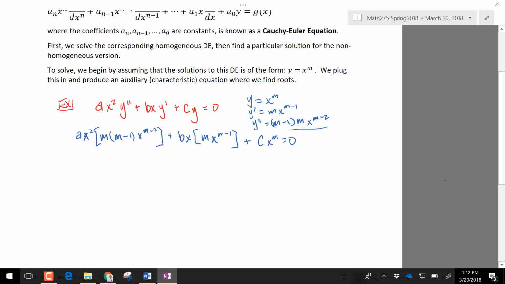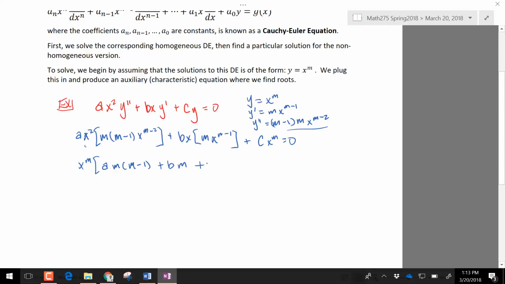If we combine all the x's, we're going to have x to the m that we can factor out. And then what do we have left? We have a, m, m minus 1. That's taking care of the first term. The second term is b, m, and then x times x to the m minus 1 is x to the m.